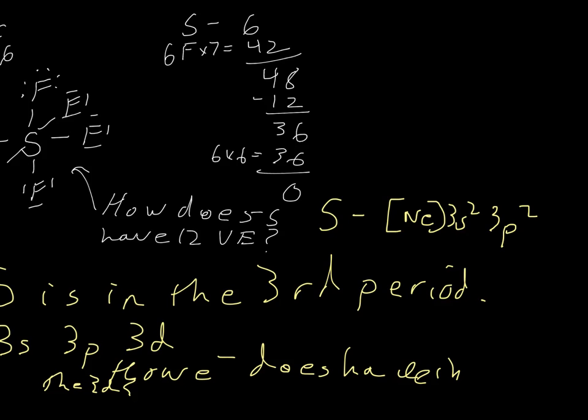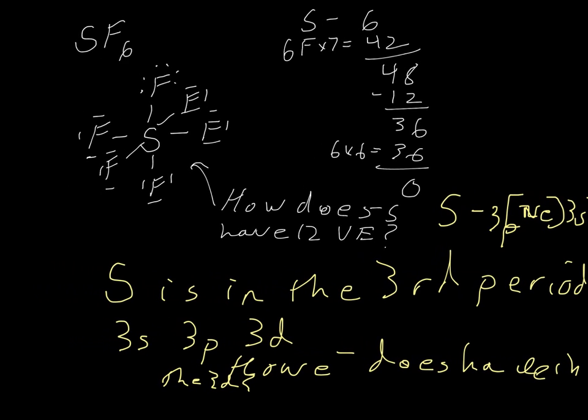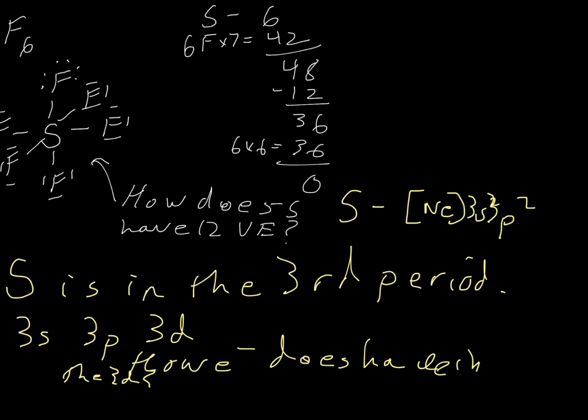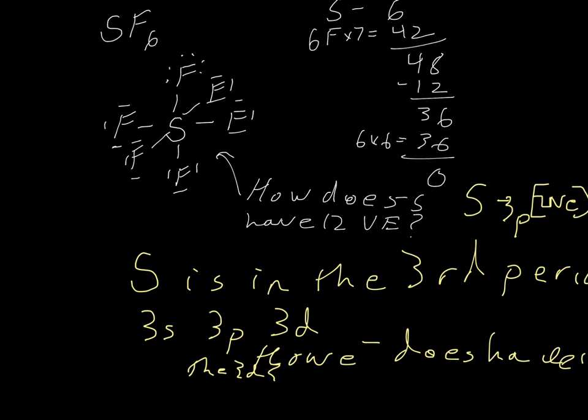Nothing in its 3d. That means that the sulfur atom has a completely empty d subshell. So it has room for a lot more electrons. So not only does the sulfur have room for 4 more electrons in its 3p, but it has room for 10 more electrons in its 3d. So it's entirely possible that the sulfur could have 12 valence electrons.